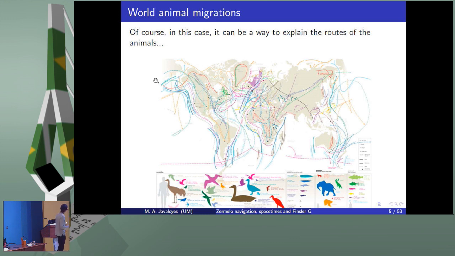Of course, the question is whether the animals find the optimal solutions. Probably the answer is no, but they can get close. Or maybe in some trajectories they can find some kind of solution of the Zermelo navigation problem.